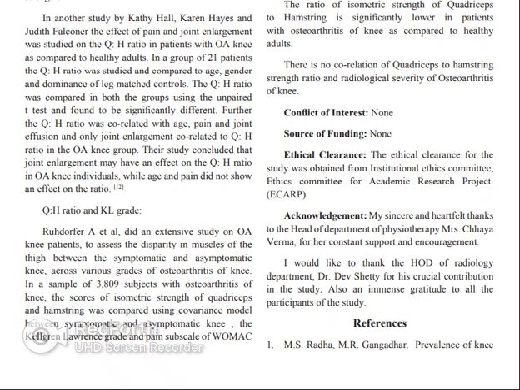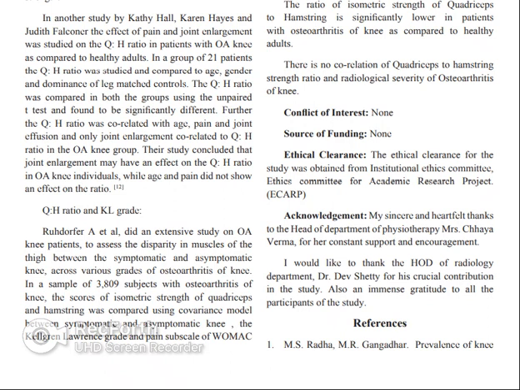By Kathy Hall, Karen Hayes, and Judith Falconer, the effect of pain and joint enlargement was studied on the QH ratio in patients with OA knee as compared to healthy adults. In a group of 21 patients, the QH ratio was studied and compared to age, gender, and dominance of leg matched controls. The QH ratio was compared in both the groups using the unpaired t test and found to be significantly different.